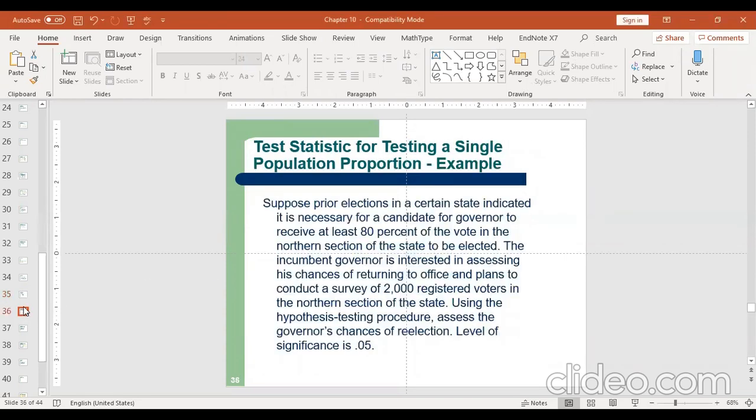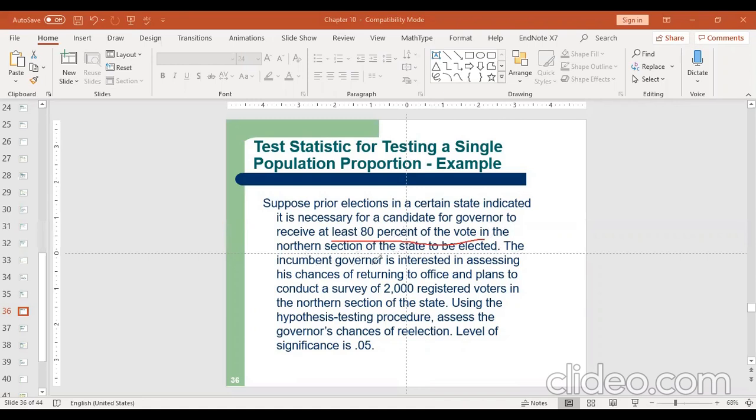So, a test statistic for testing a single population proportion, an example. Suppose prior elections in a certain state indicated it is necessary for a candidate for governor to receive at least 80% of votes. So here we have the percentage or a trait in which we are interested, and we test the hypothesis: at least 80% of the vote in a northern section of the state to be elected.